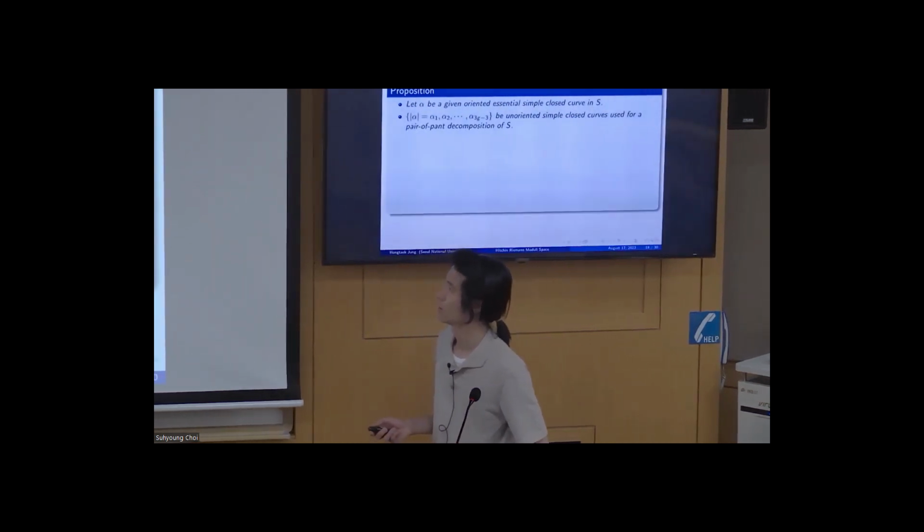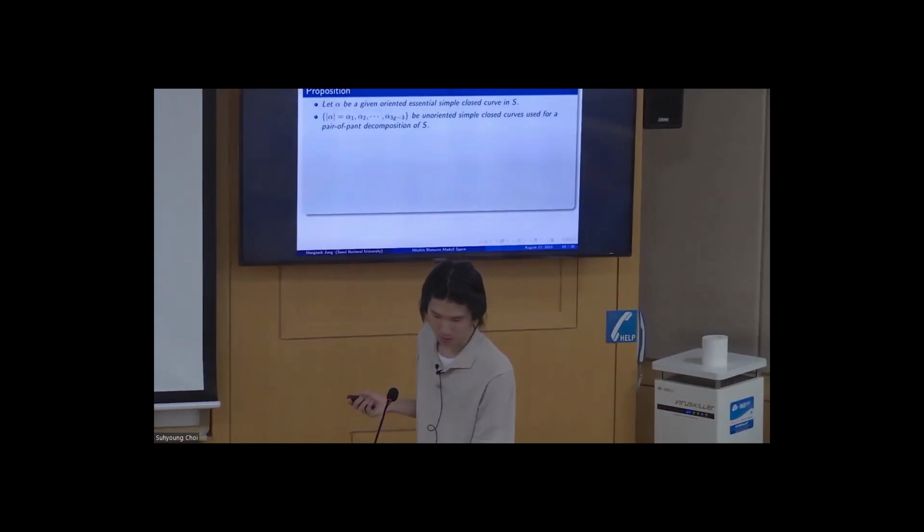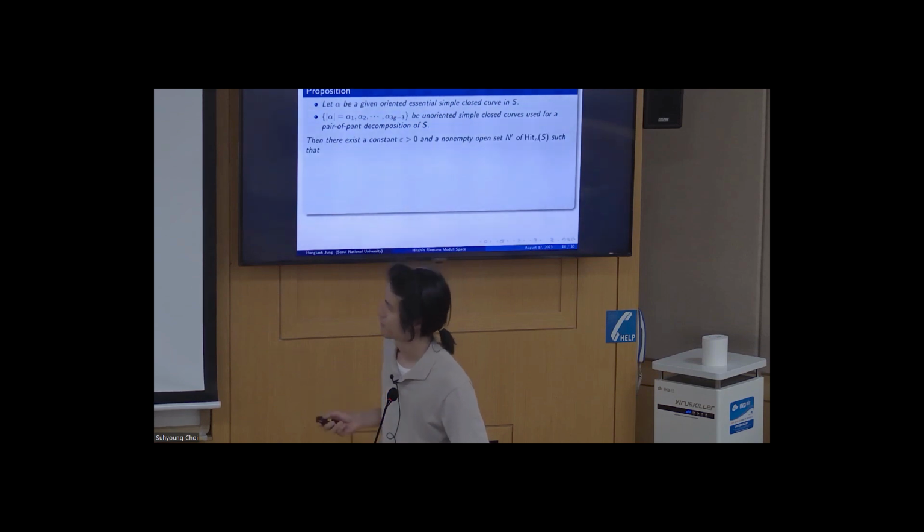One of the main propositions of our paper is this one. We are given an oriented essential simple closed curve, and then we extend this curve to a pair of pants decomposition. We choose extra simple closed curves that split our surface into a disjoint union of pairs of pants.